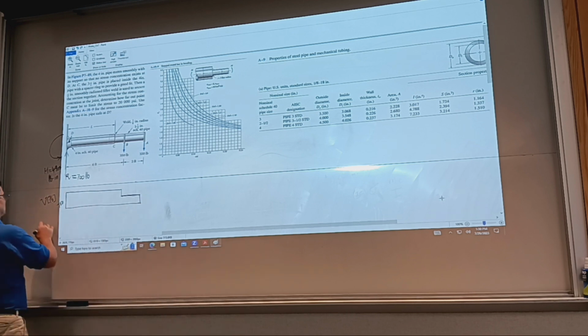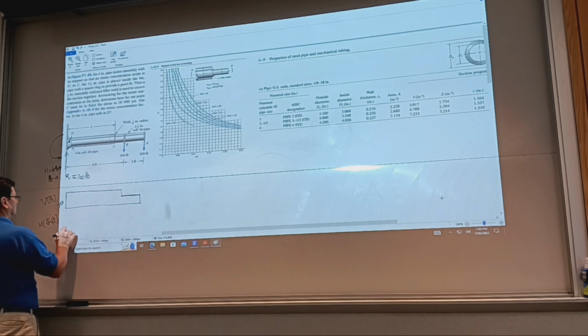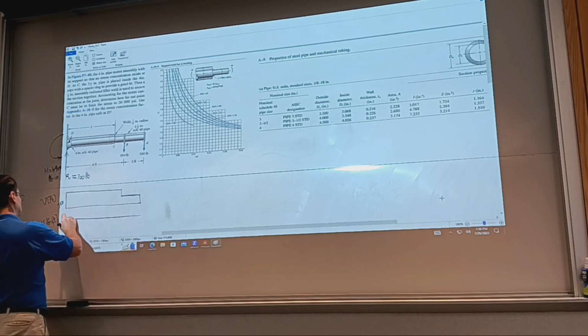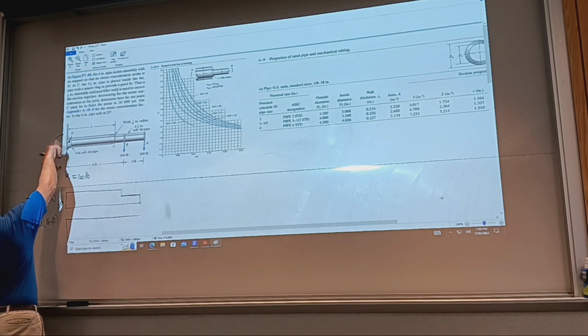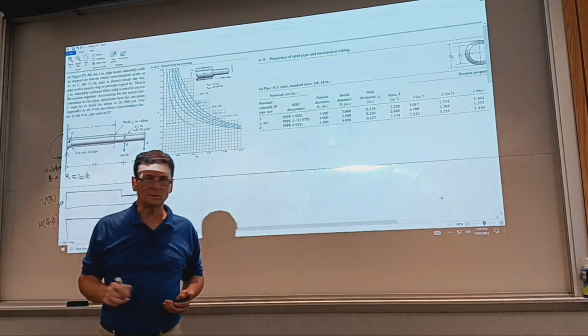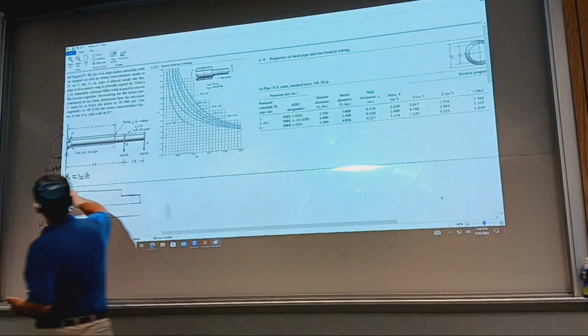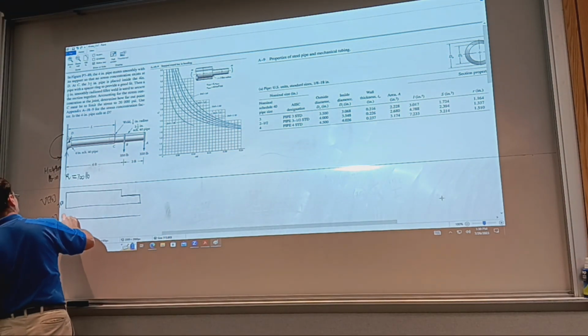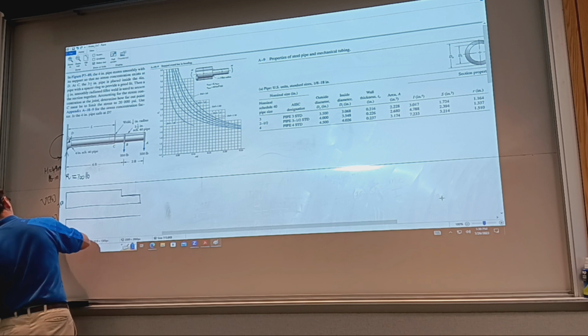And then I have the moment diagram in pound-foot, and the moment diagram will be all below the axis. So it starts with, remember, a counterclockwise moment drops the diagram. So we begin with a drop of 4,900 pound-foot.